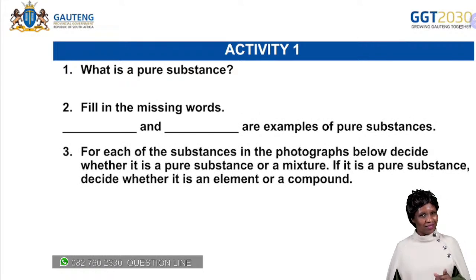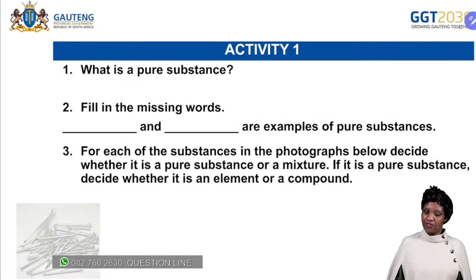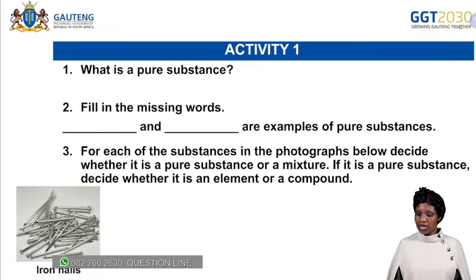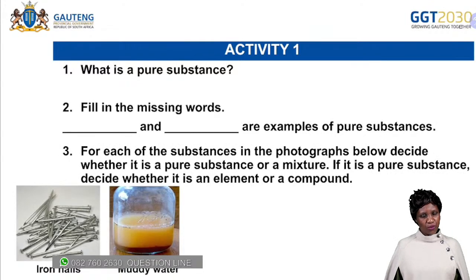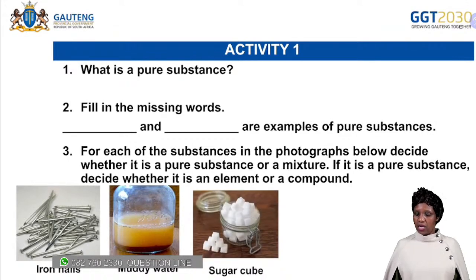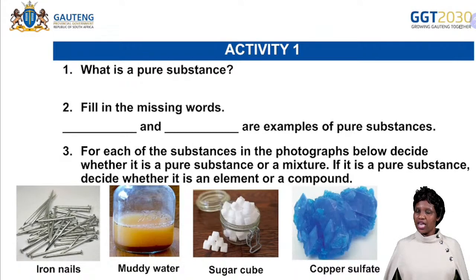And then question number 3 says, for each of the substances in the photographs below, decide whether it is a pure substance or a mixture. If it is a pure substance, decide whether it is an element or a compound. We've got the ionels, we've got muddy water, we've got sugar cube, and we've got copper sulfate. All right, I'll give you 5 minutes to answer the questions. Let's start writing.